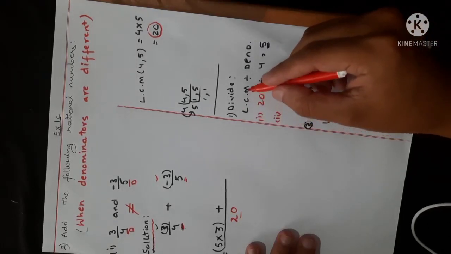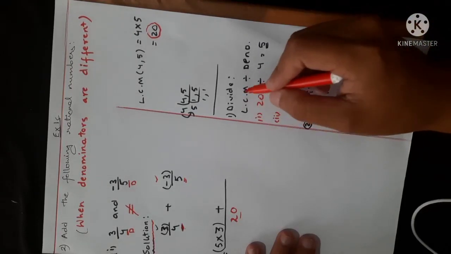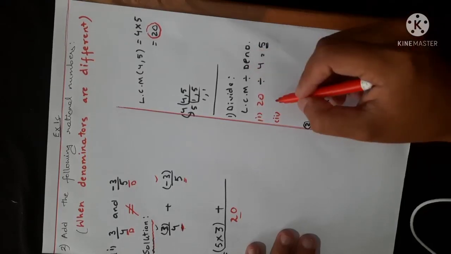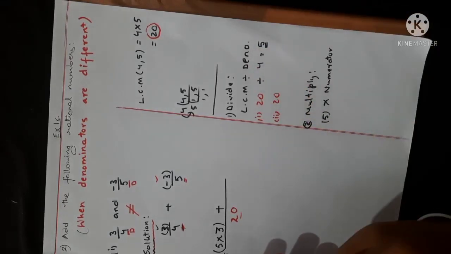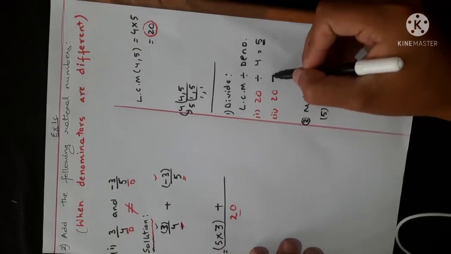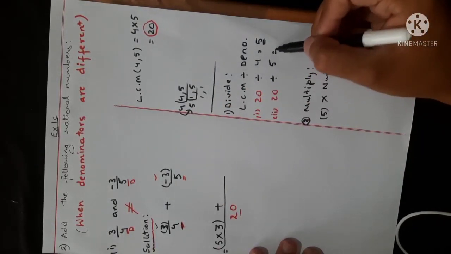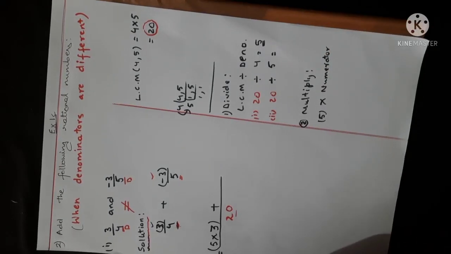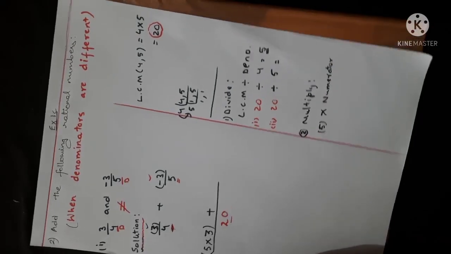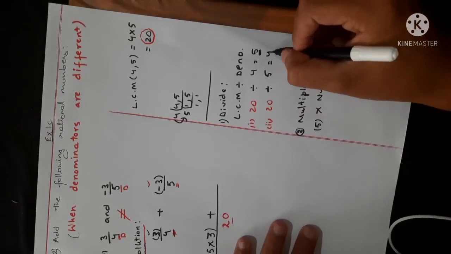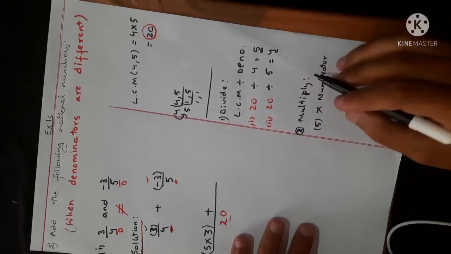We divide first. Now always the first step is divide: LCM divided by denominator. We have 20 divided by, for this second fraction, the denominator 5. So 20 divided by 5 equals 4. Now this 4, what should you do?